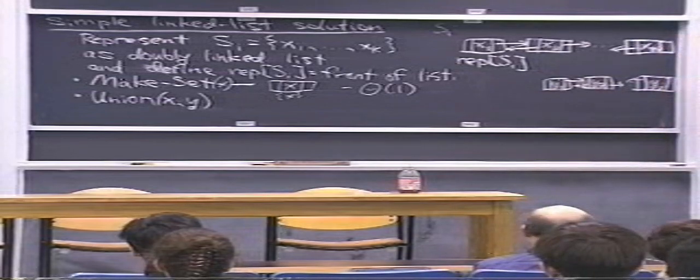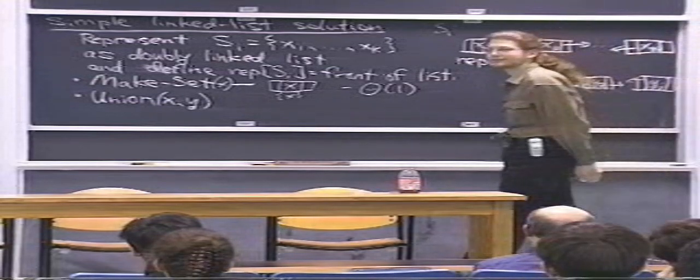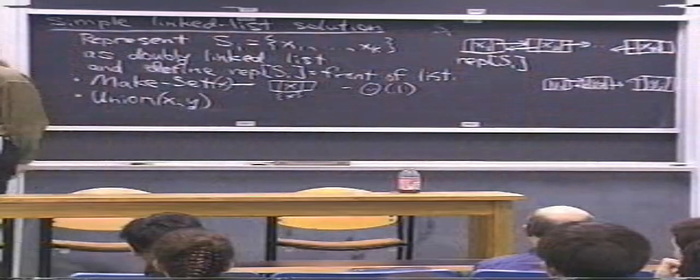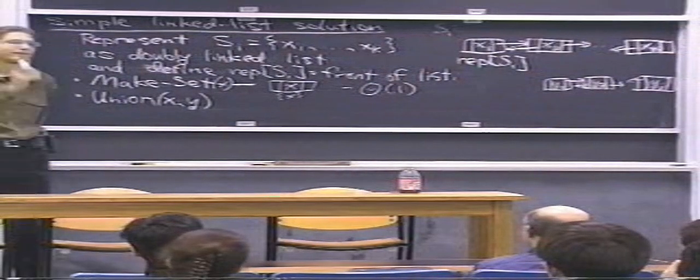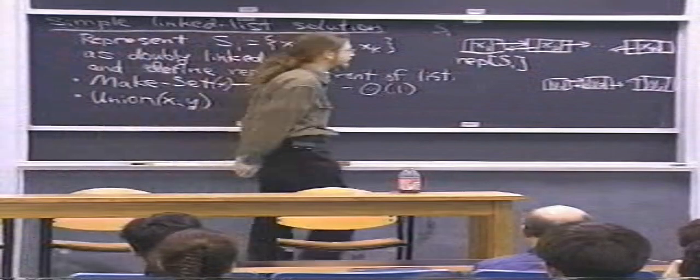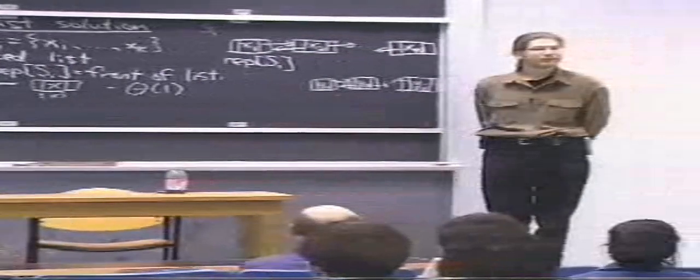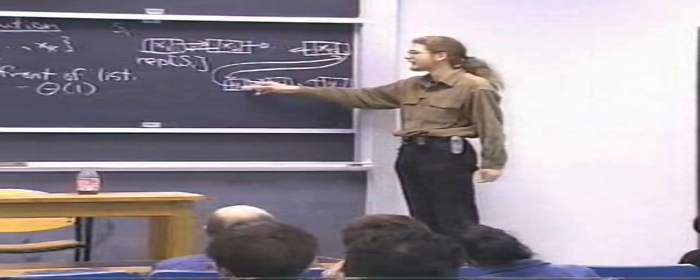How should I do it? Yeah? All you have to do is join the tail of one list to another. Right. That would take constant time, but you have to find out which sets they were first. Good. All I need to do is join the tail of one list to the head of the other list. But I first have to find the tail of this list and find the head of this list.